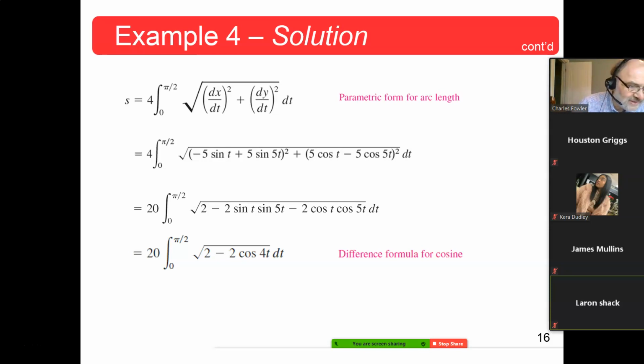Go back to that same inside front cover of the text under the trigonometry. Now go to the right hand column, above midway down the page, and you see the double angle formulas, one of three kinds for cosine 2u.